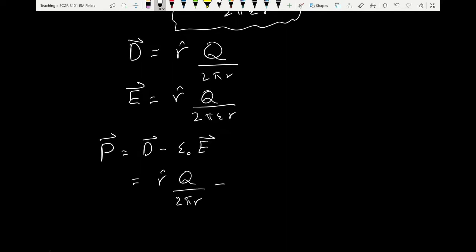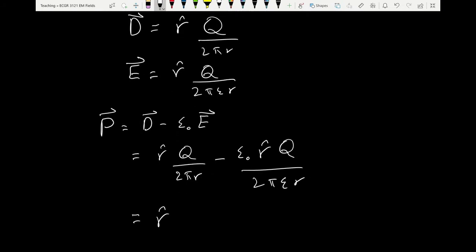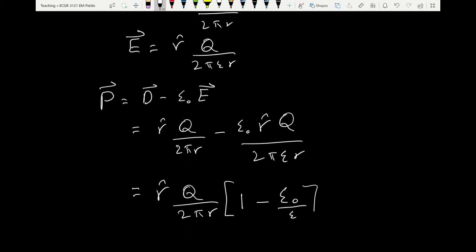Minus epsilon naught E, take everything common out, so I have r hat Q over 2 pi r times 1 minus epsilon naught over epsilon, and this will be P.